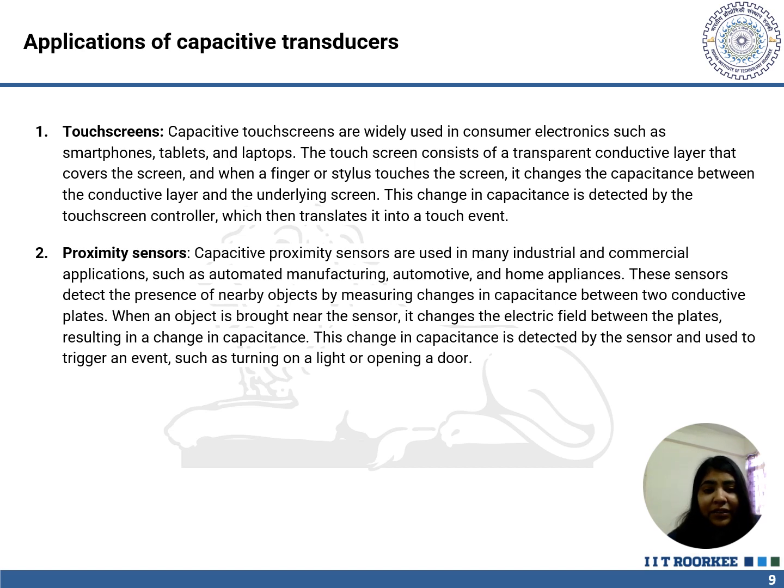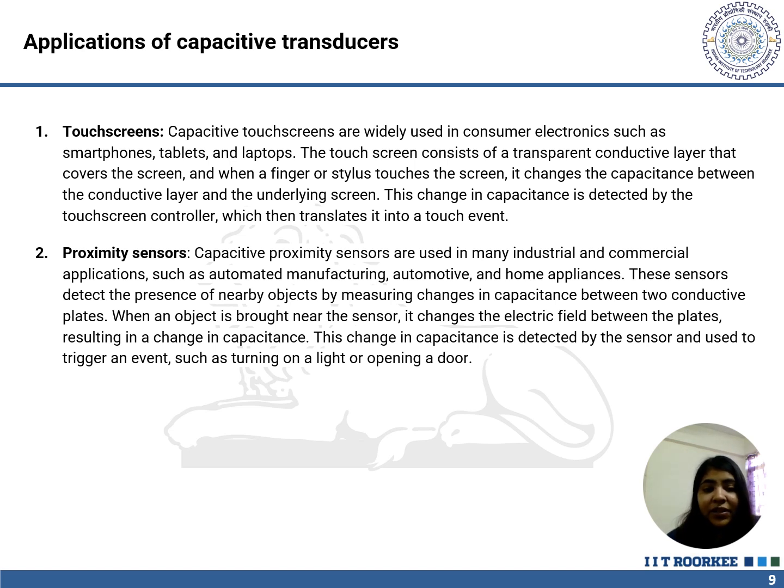The touch screen consists of a transparent conductive layer which covers the screen. Whenever we press our finger or touch the stylus to the screen, it changes the capacitance between the conductive layer and the underlying screen. This change in capacitance is detected by the touchscreen controller, which then translates it into a touch event.